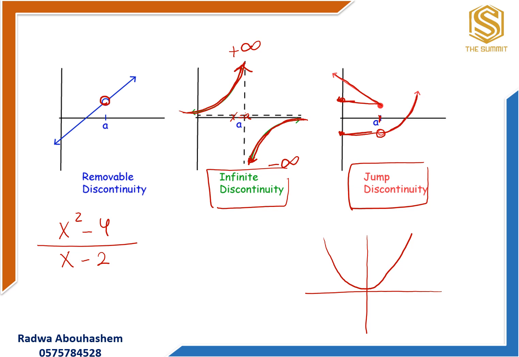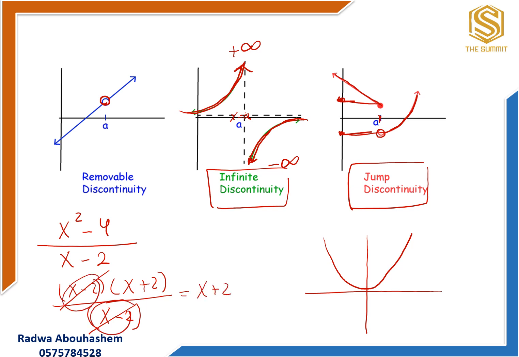If I factorize this, it gives me (x minus 2)(x plus 2) over (x minus 2). Now if you cancel x minus 2 with x minus 2, you're left with x plus 2. When you cancel x minus 2, this is the hole. So we call this removable discontinuity, or a hole.